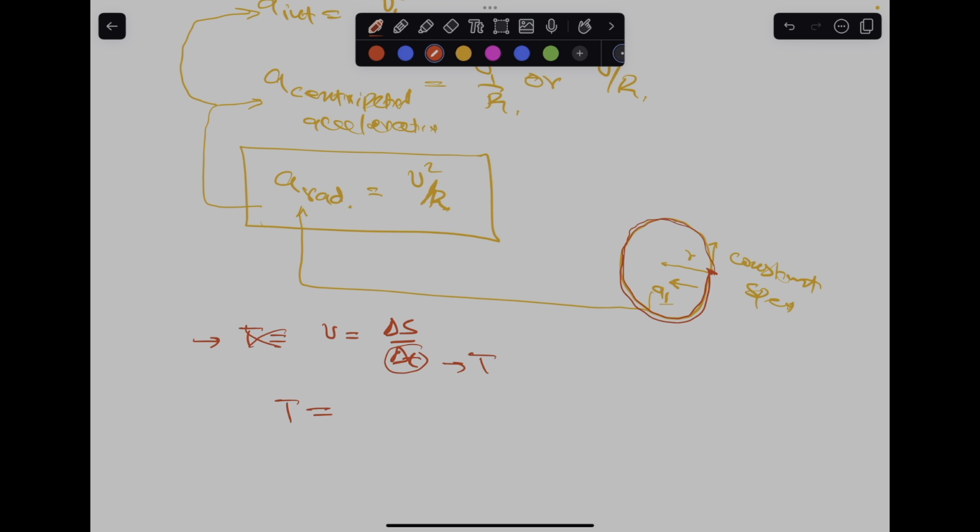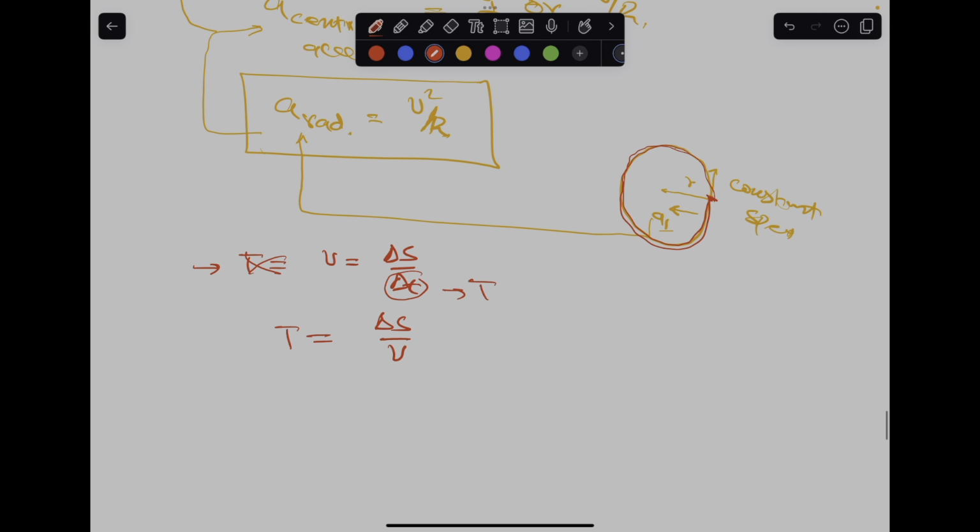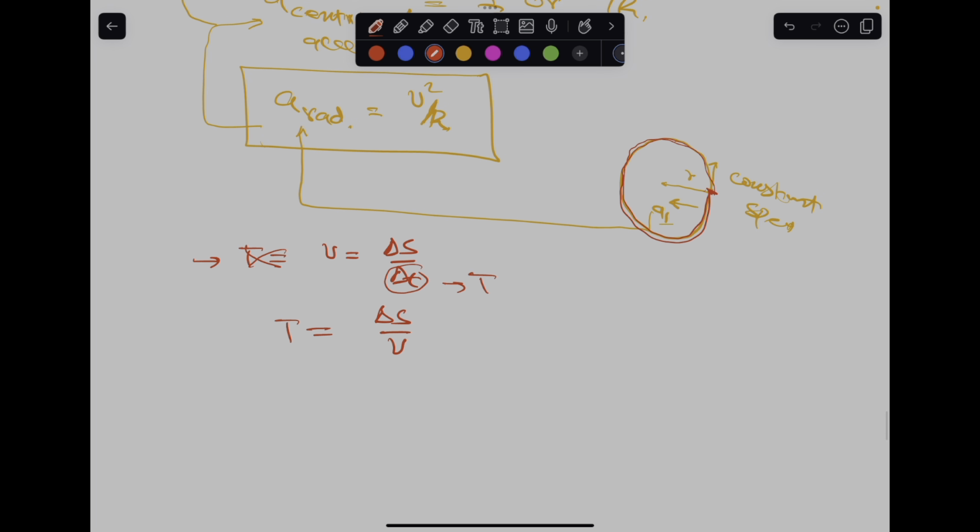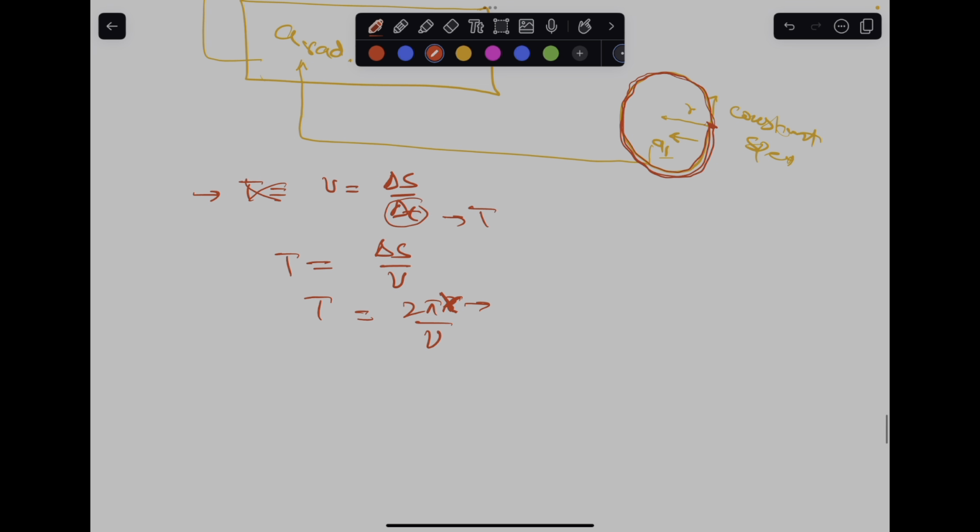So time period is nothing but del s over v. What's your del s? Starting from here, we cover 2 pi r, where r is the radius of the circle. So the time period to complete one revolution is T equals 2 pi r over v. This is the radius of the circle, and this is the velocity of the particle.